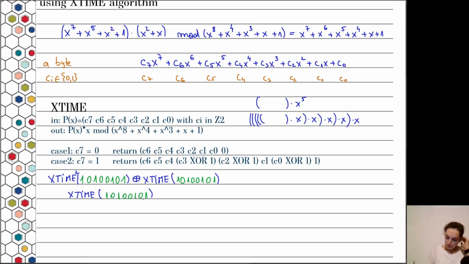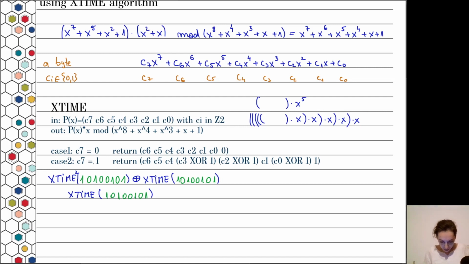That's correct. So we want to check if this input is in the case 1 or in the case 2. In our case, the first coefficient is 1, so we are in the case 2.